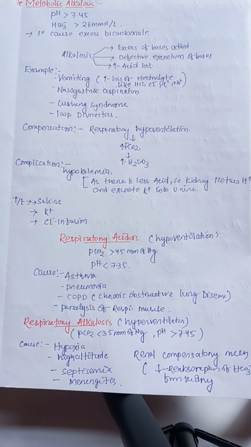High altitude is understandable, but meningitis and septicemia cases also cause hyperventilation, and that causes respiratory alkalosis. In these two cases, respiratory acidosis and alkalosis, the compensatory mechanism is renal. Similarly, with hypoventilation, PCO2 increases, so there will be increased absorption of HCO3 minus from the kidney. We always try to compensate and restore that ratio.